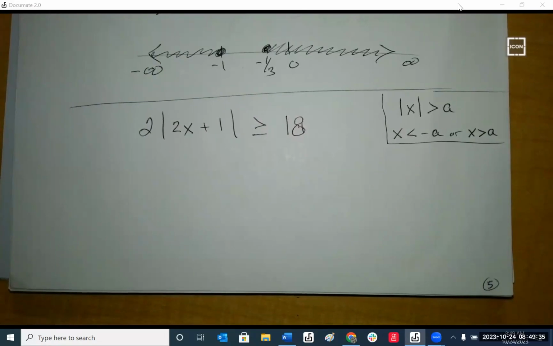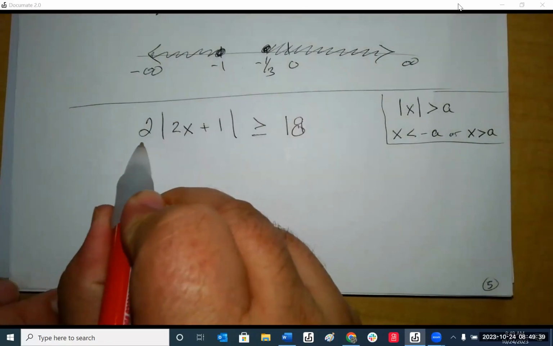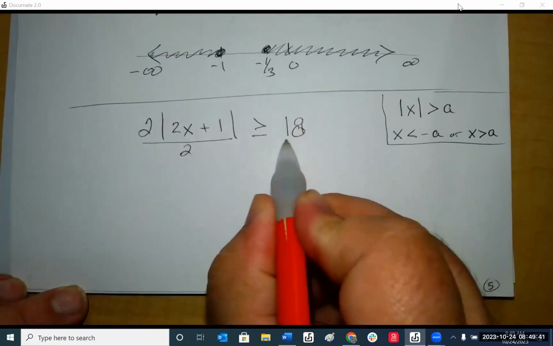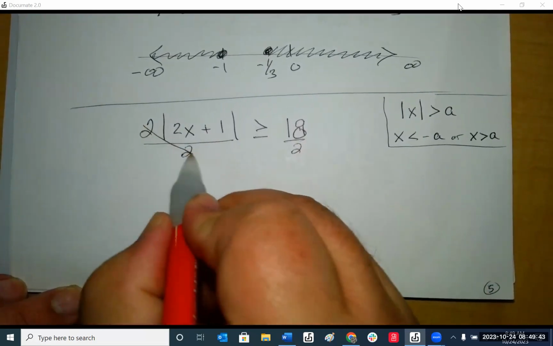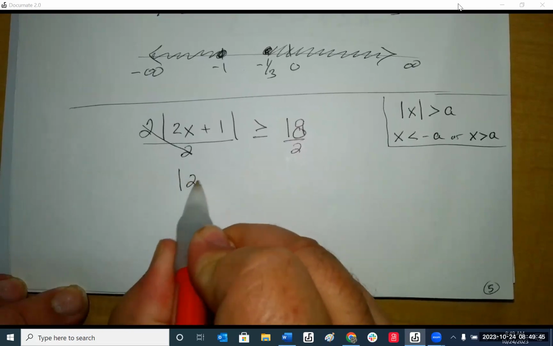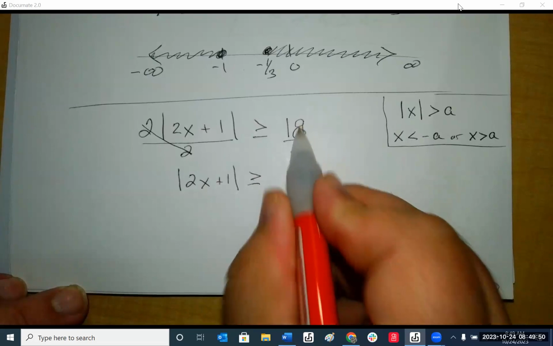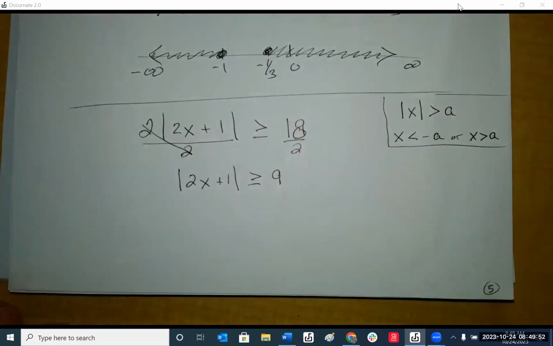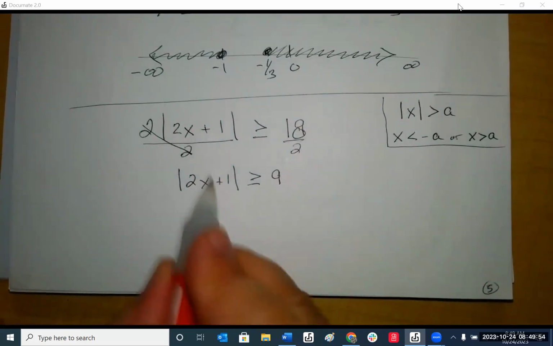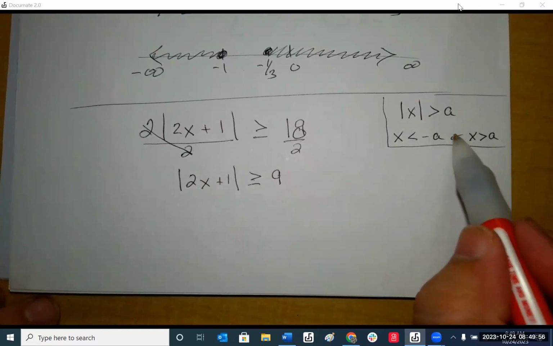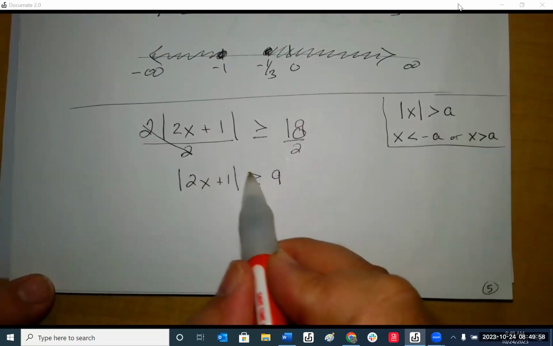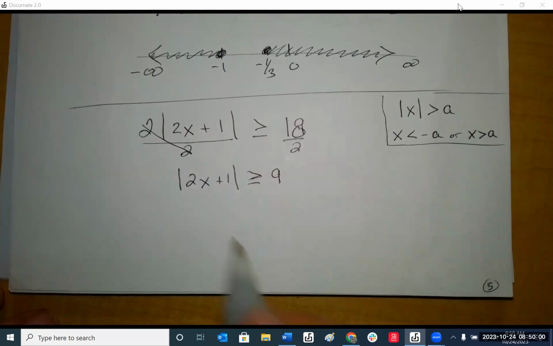First step. Is it isolated? No. So we have to divide both sides by 2. 18 divided by 2 is 9. There's nothing in front. So we use this formula here. If it's a greater than, we use this.